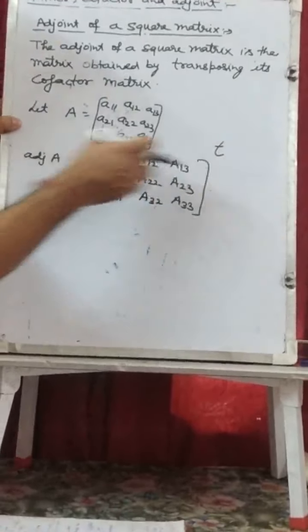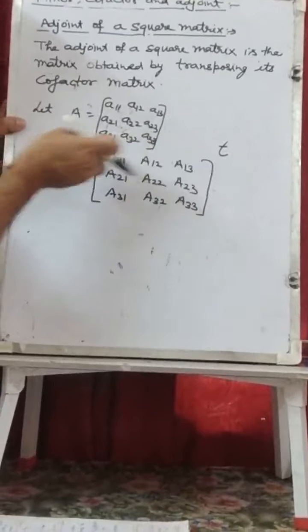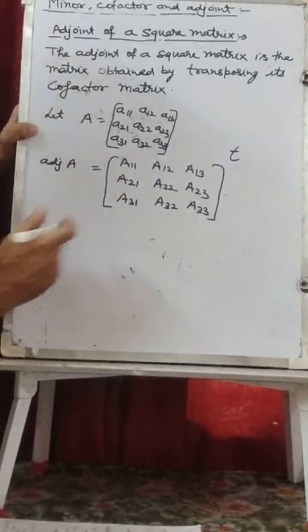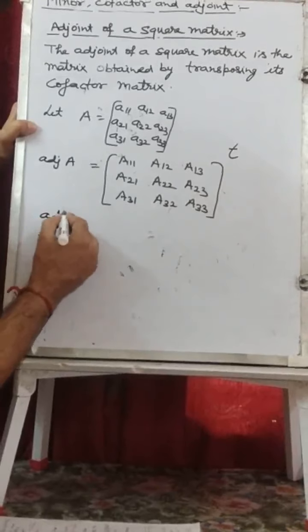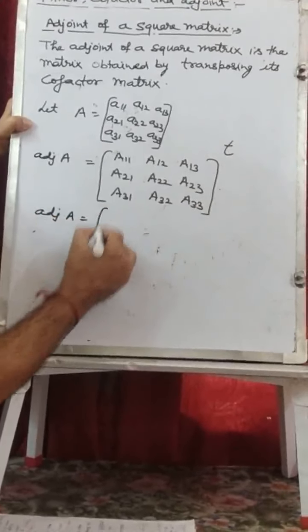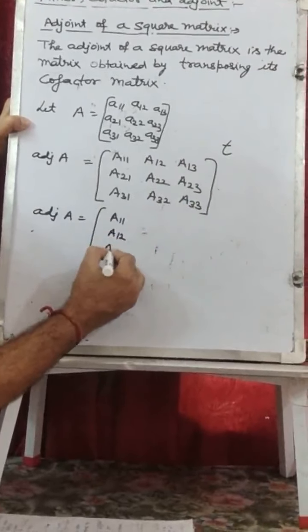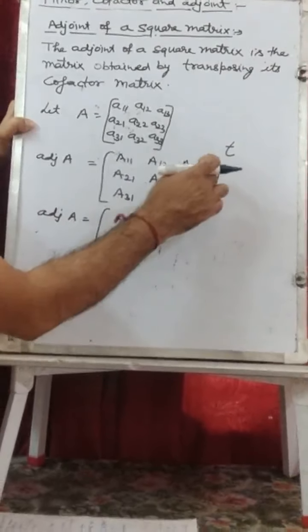How we will get transpose? By interchanging its rows and columns. Means adjoint of A for this square matrix will be A11, A12, A13. What we did?